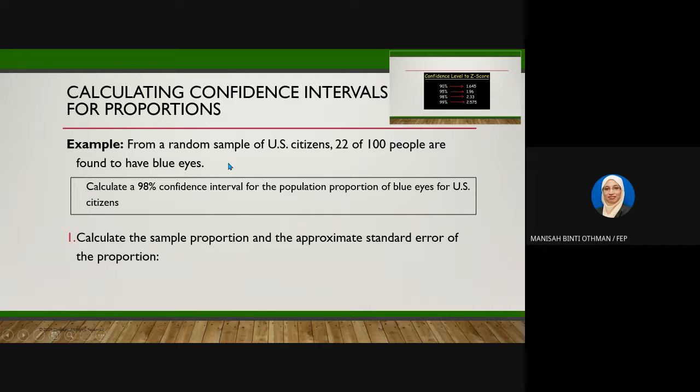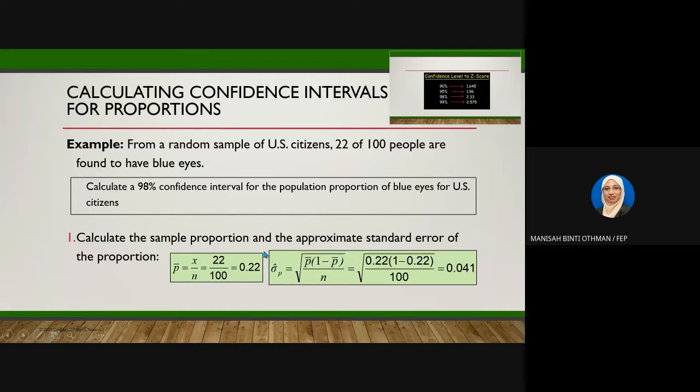X divided by N, so 22 divided by 100. This is the sample proportion. From it, you can calculate the standard error of the proportion using this formula. P bar is 0.22, so you calculate 0.22 times 1 minus 0.22, divided by N, where the sample size is 100, and then take the square root. Then you get the standard error of the proportion, which is 0.041.